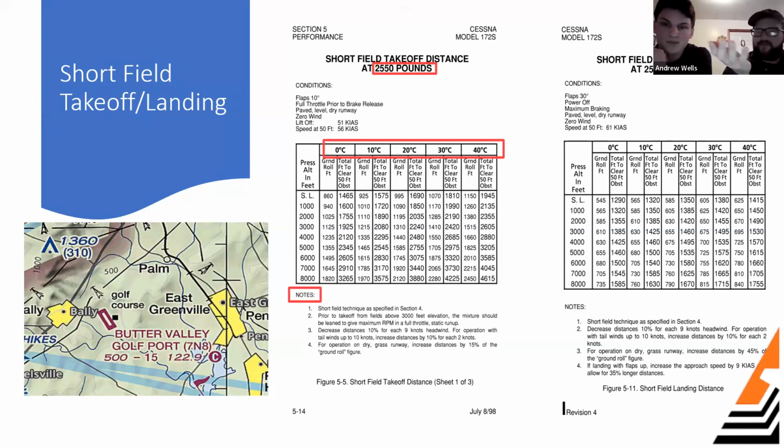Also wind's going to play a factor in that too, and that's why if you get a crosswind, it's definitely a factor. So this is where you can see the distance to clear a 50-foot obstacle and also your ground roll. So before you go to an airport with a small runway, you can make sure that the aircraft can land in that distance. And if you want to see how long the runway is, you can go to the AFD chart or the chart supplement, or ForeFlight will tell you if you click on runways. Did that answer your question?